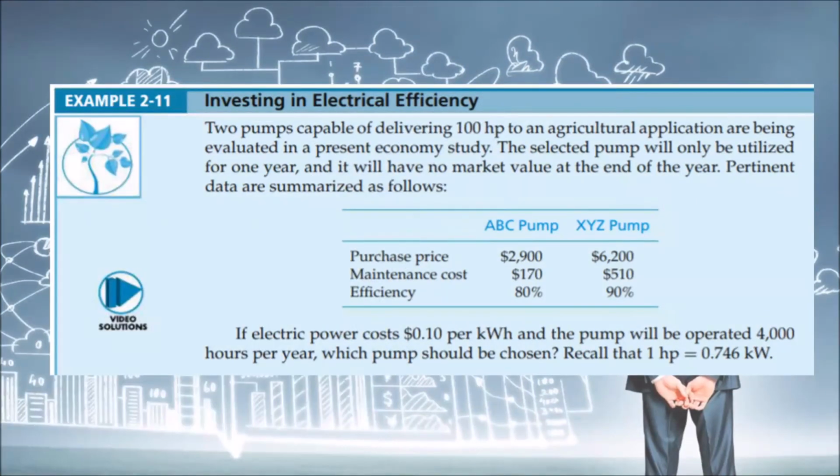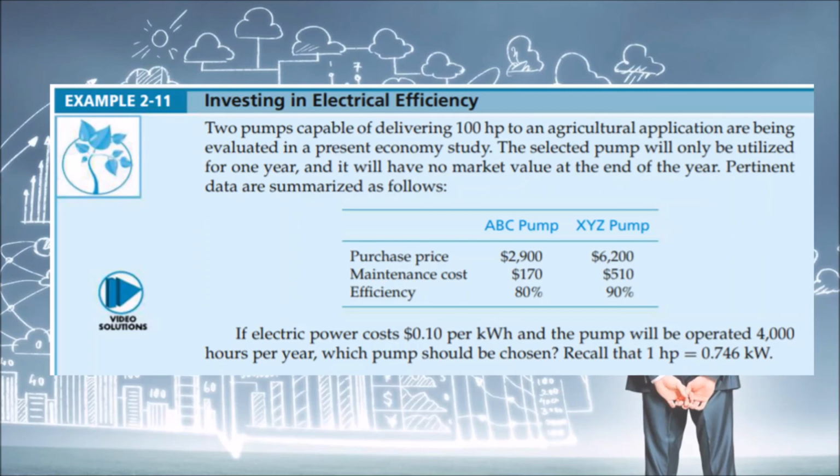Okay, so we have example 2-11, investing in electrical efficiency. Two pumps capable of delivering 100 HP to an agricultural application are being evaluated in a present economy study. The selected pump will only be utilized for 1 year and it will have no market value at the end of the year. Pertinent data are summarized as follows.